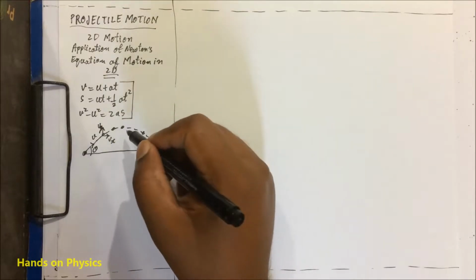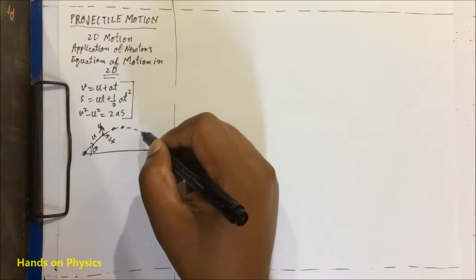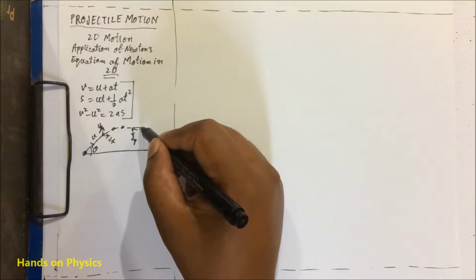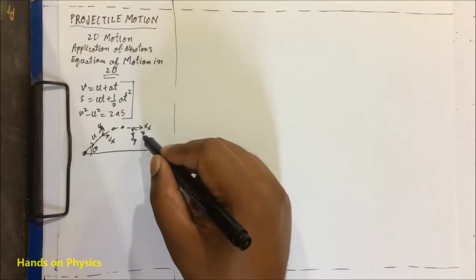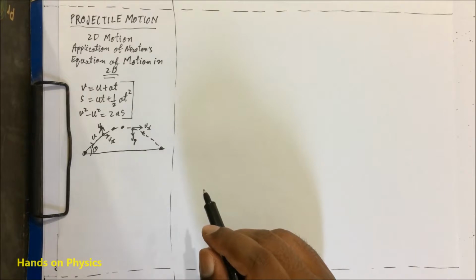At the top, the velocity in the y direction vanishes, and from here onwards the velocity in the y-axis direction reverses. However, the velocity in the x-axis direction remains the same, and at the end point both of them vanish.